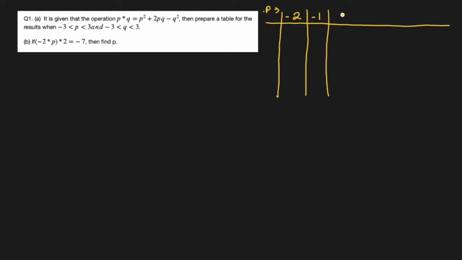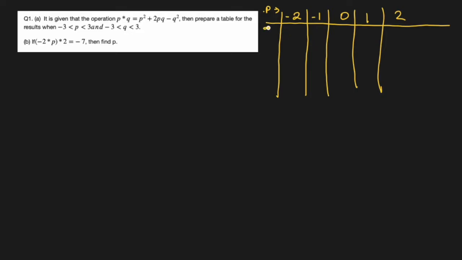That means we should know what are the options for P and what are the options for Q. Okay, so let me write P first. So this will be P from -3, but it's not included and they are integers, so -2, then -1, 0, 1 and 2.